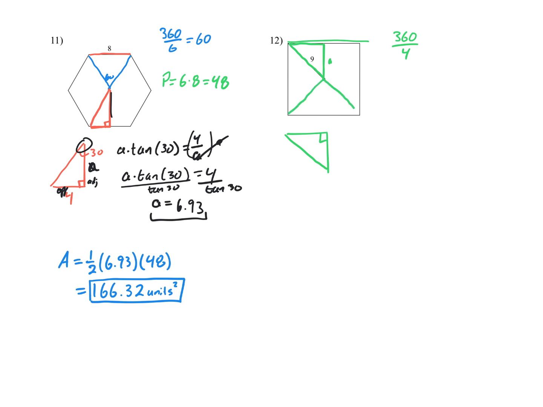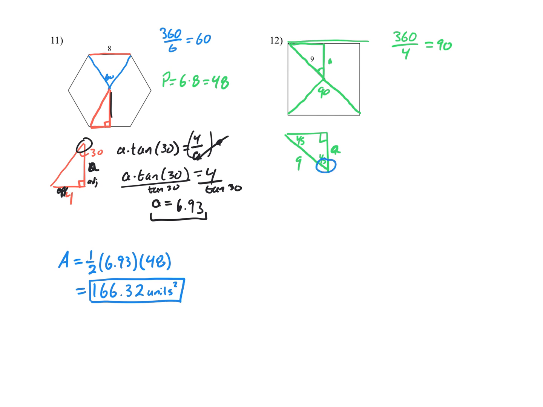That'd give me this angle, which is 90, which means this angle up here is going to be half of that, or 45. So 45, 45, 90 triangle. You can use special right triangles if you want. This length is 9. Let's find the apothem here.